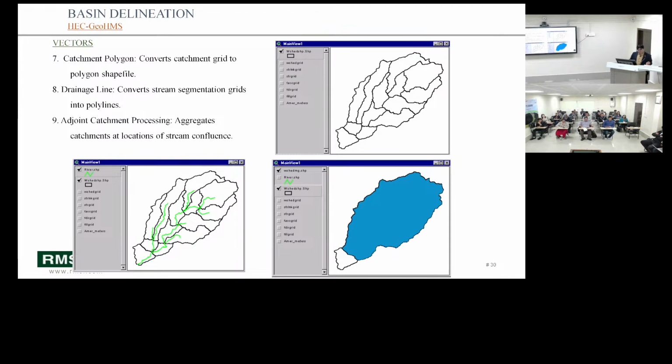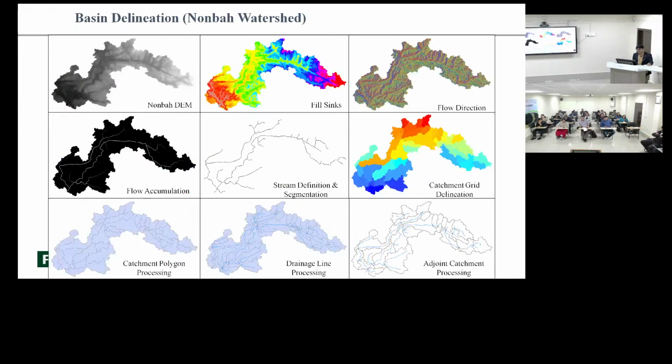If you lower the threshold, you can get more subcatchments depending upon your priorities and requirements. If you like to estimate the runoff volume very accurately, then you should use a lower threshold to get the maximum subcatchments.